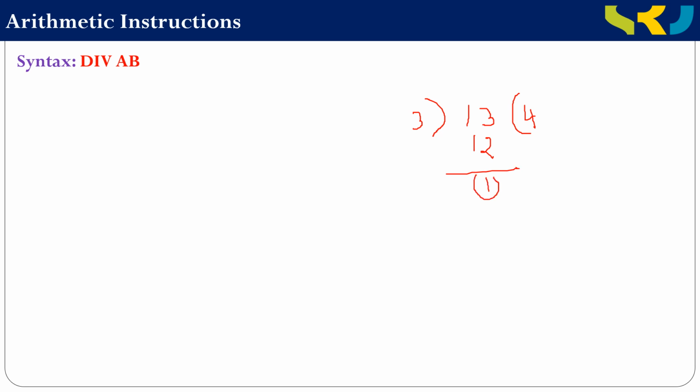The 8051 performs the division operation like this only. Before execution of the division instruction, first you need to place the dividend in the A register, and the divisor should be available in the B register. After execution of this division operation, the quotient is placed in the accumulator and the remainder is placed in the B register.